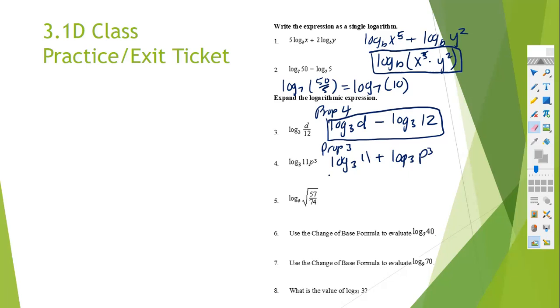Next, I'm going to check, can I apply my power property, which is property 5, and I can. So applying property 5, I have log base 3 of 11 plus, and the 3 is going to become a coefficient. So it becomes 3 log base 3 of p.